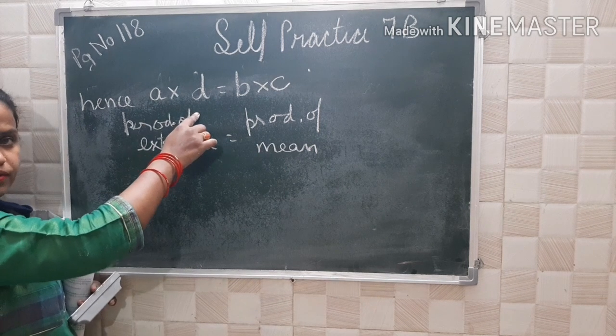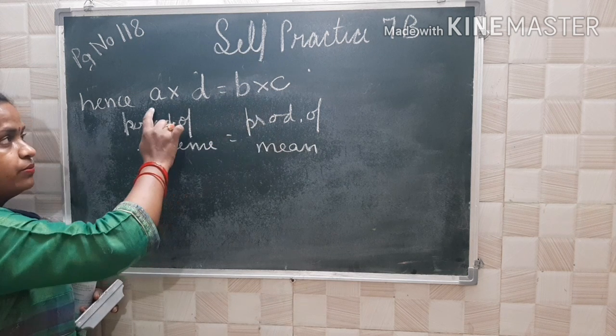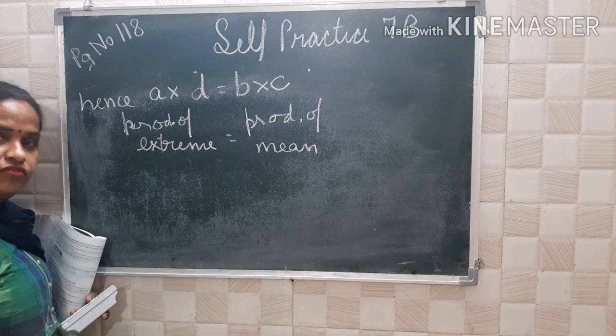A and D are extreme, B and C are mean. The product of extremes is equal to the product of means.